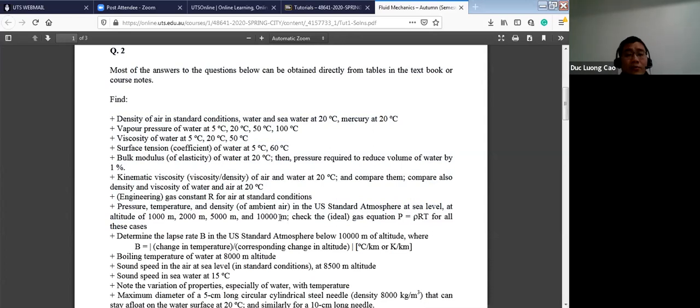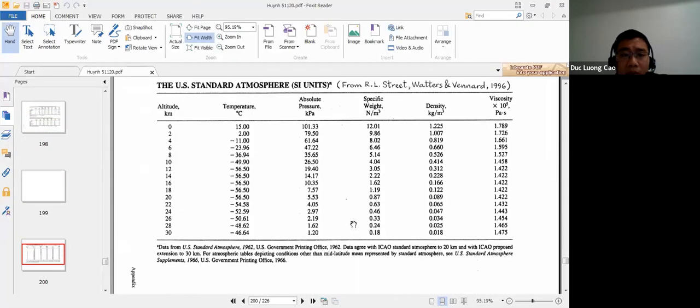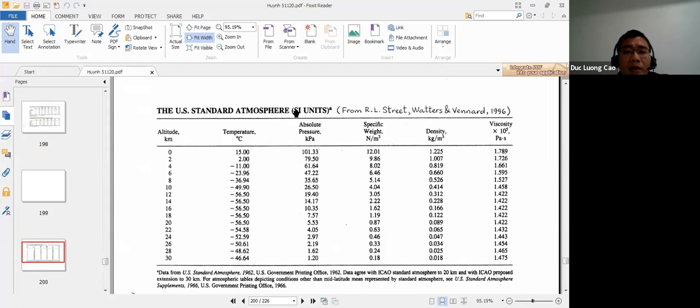In this question, you have to find pressure, temperature, and density at sea level and higher altitudes. How to find this? Use the table. Here, the US standard atmosphere.